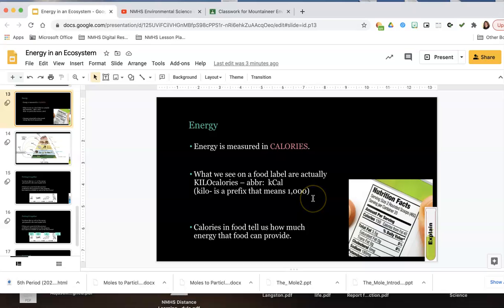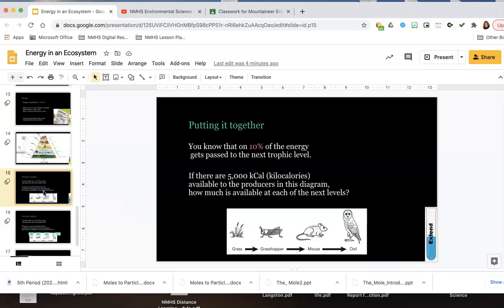Calories you talk about in science are smaller than the calories we talk about in food. Those are kilocalories. Of course, calories in food tell us how much energy that food can provide.